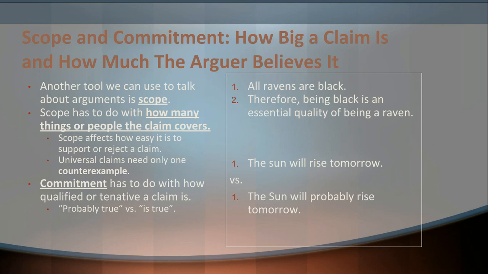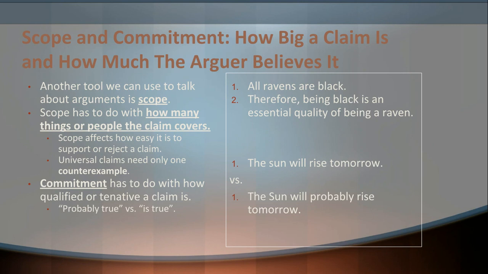It changes what standards of evidence and what standards of support we should be looking for. When we say that the sun will rise tomorrow, we're talking in a definite way. We're talking in the language of certainties, of totally unqualified, untentative claims about the way the world is. Whereas if we say the sun will probably rise tomorrow, all of a sudden we've given ourselves a way out.